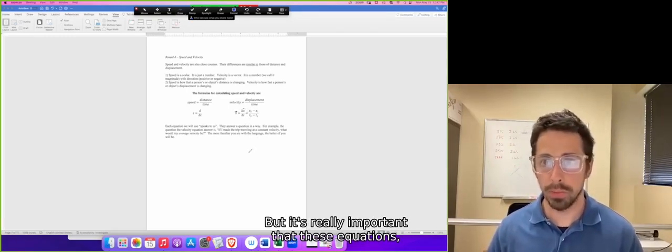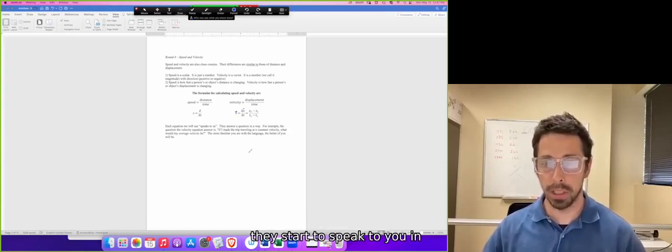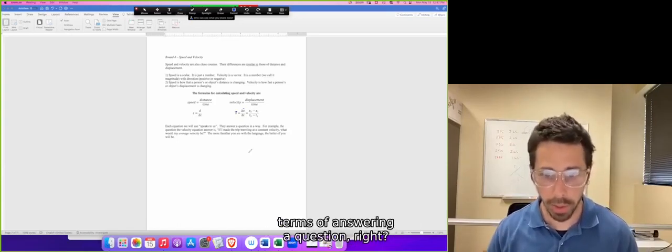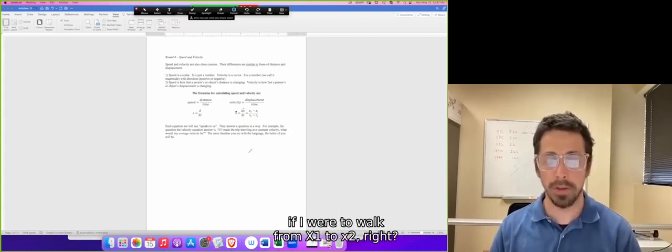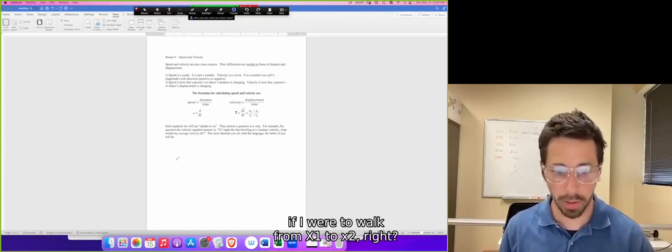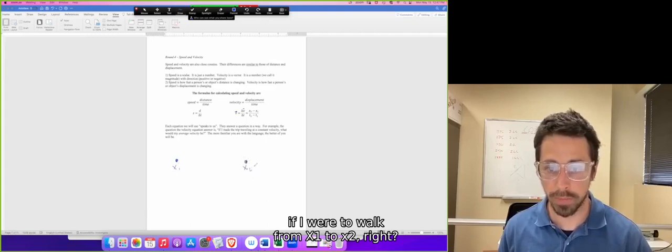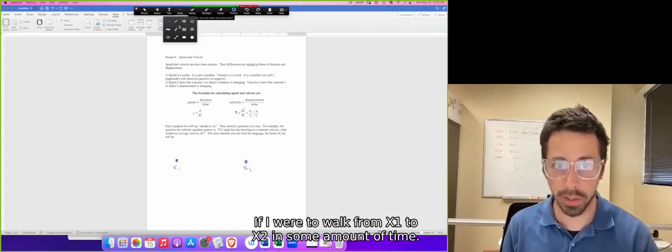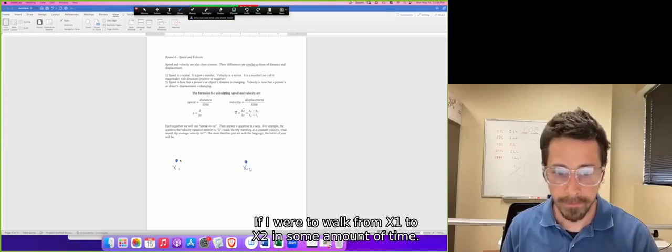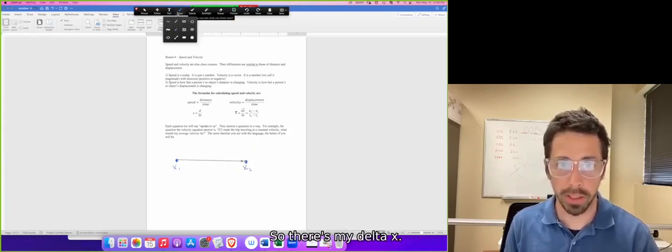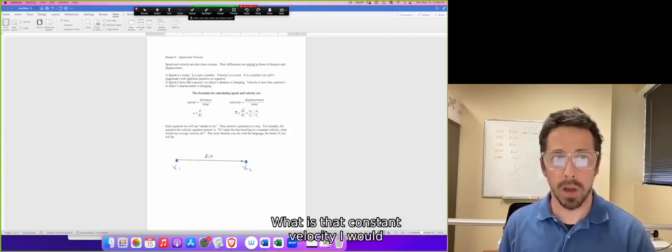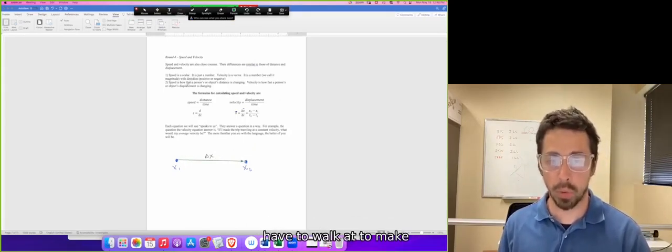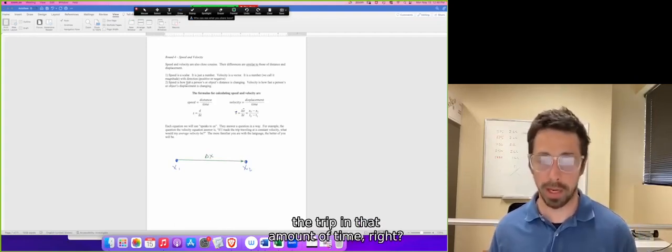But it's really important that these equations start to speak to you in terms of answering a question, right? For this velocity, the question is saying, if I were to walk from x1 to x2 in some sort of amount of time, so there's my delta x, what is that constant velocity I would have to walk at to make the trip in that amount of time, right?